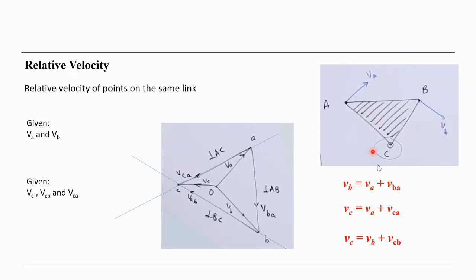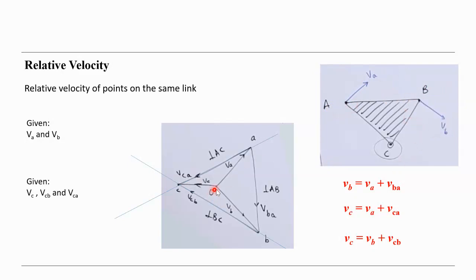If we know the VA, for example, we can write VB is equal to VA plus VBA for the relative velocity, or VC is equal to VA plus VCA, or VC is equal to VB plus VCB. So both of them are possible. From the given, we know the direction and magnitude of the velocity of the points A and B, VA and VB.